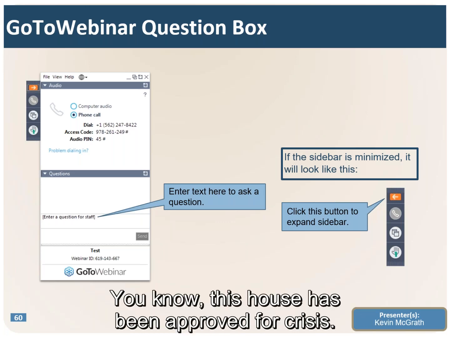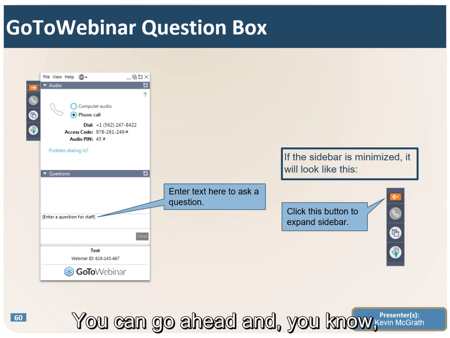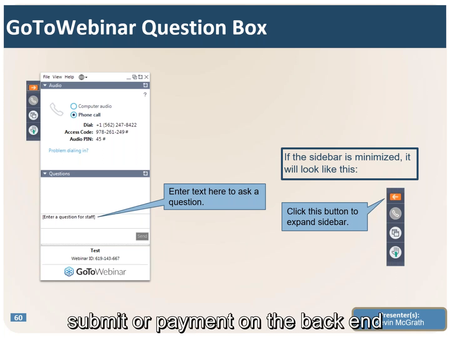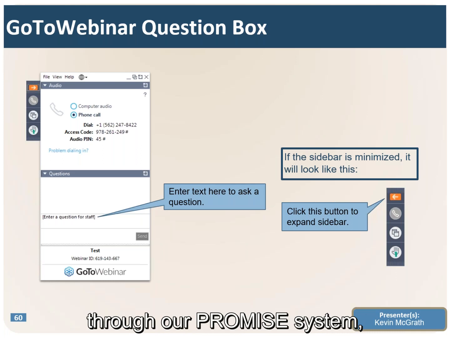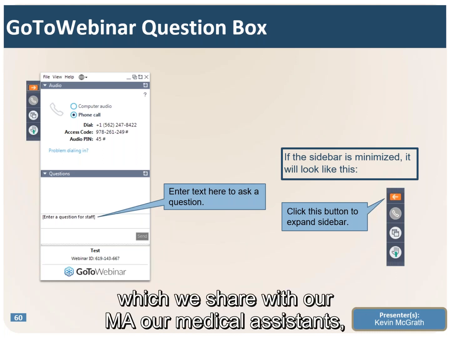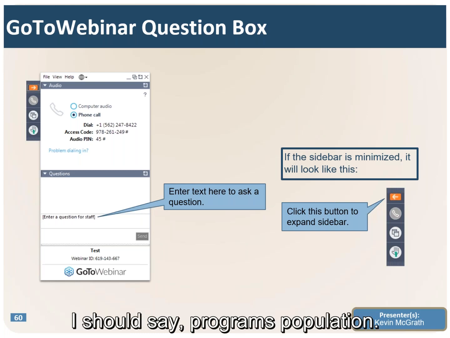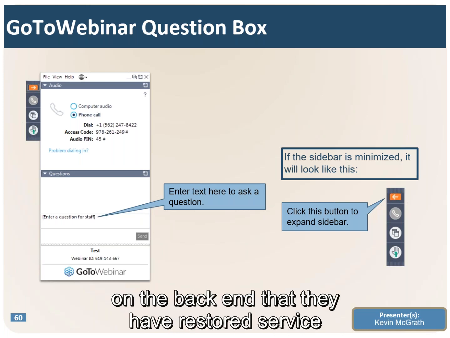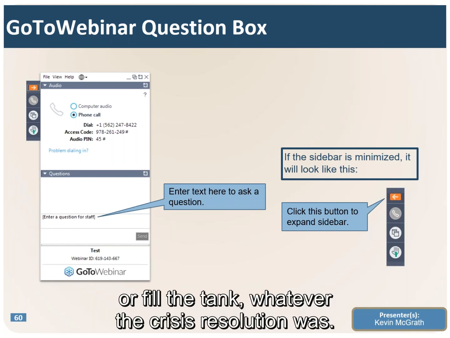You can go ahead and submit for payment on the back end through our Promise system, which we share with our medical assistance programs population. So the utility can then go in and submit verification on the back end that they have restored service or filled the tank, whatever the crisis resolution was, and then they get payment.